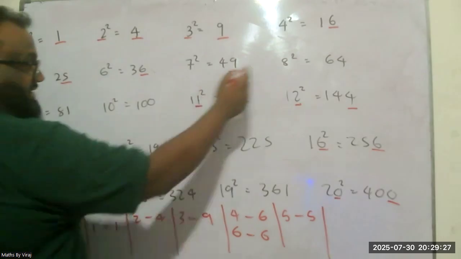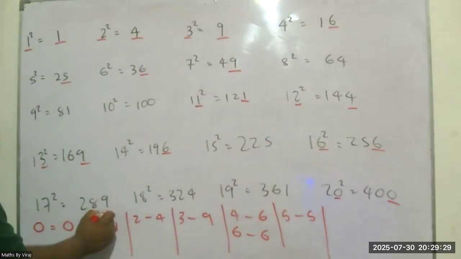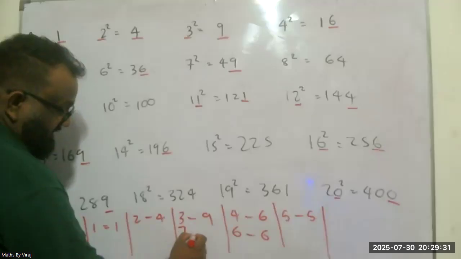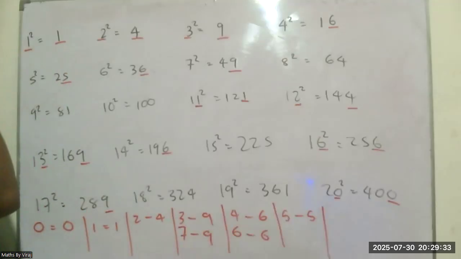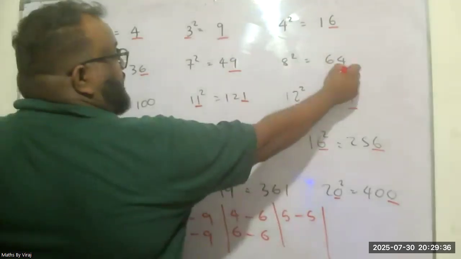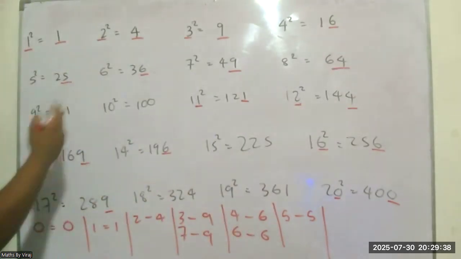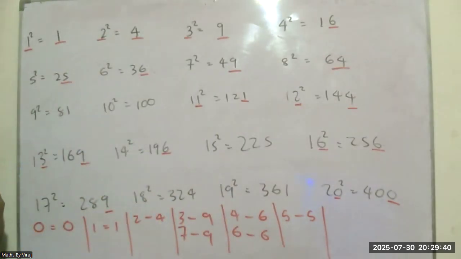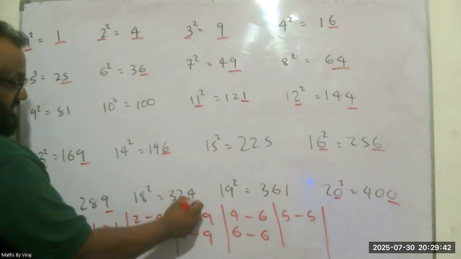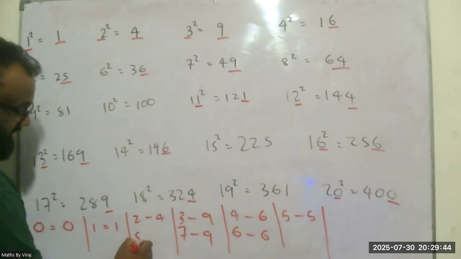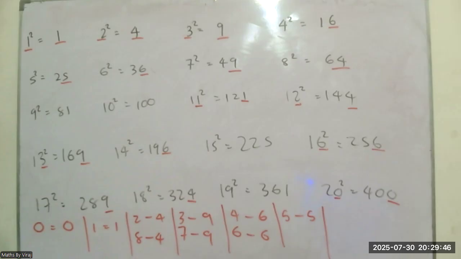Even 17, 9. 8 ends with a 4. What is 18 squared? 324, which ends with 4. So 8 also ends with a 4. Did I make myself clear?